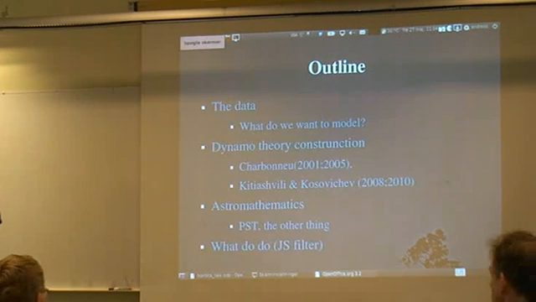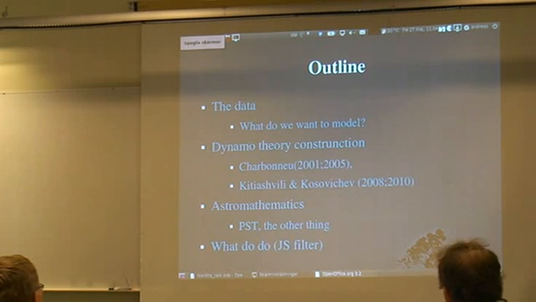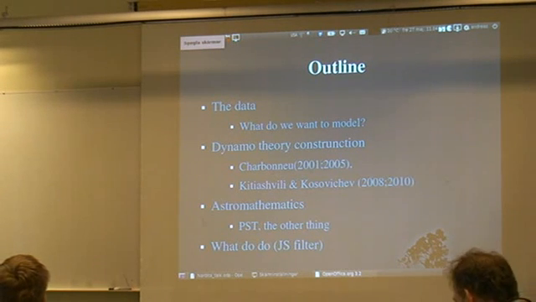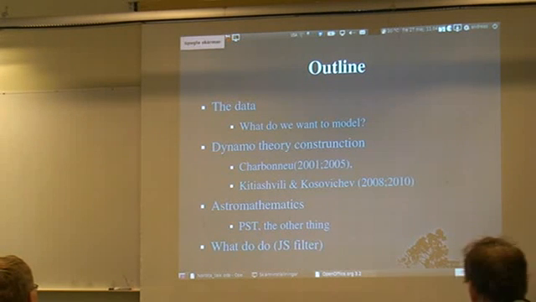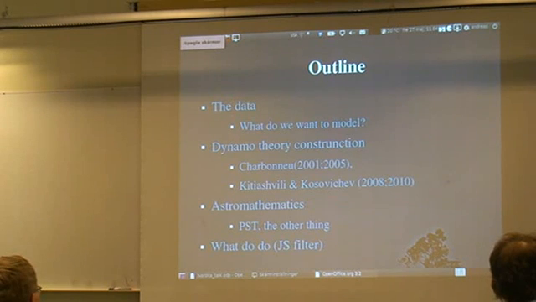Yeah, let's go. So a short outline. We're going to speak about the solar cycle. First some notes about the data, and then some ideas of how to construct models. There are basically two main approaches that I'm going to try to differentiate. One is the dynamo construction, which is basically starting from physical equations, and then you get a model, and then you see if it fits the observation.